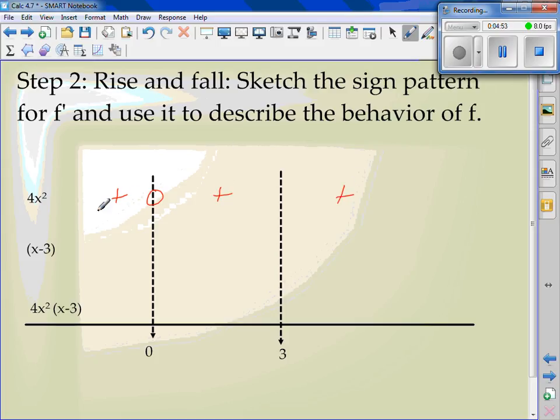Do not get in the habit of just putting positive negatives, which some of you do. Because this is squared, it's always going to be positive. For this one, 3 is my 0. If I pick a number less than 3, what type of number do I get? I get a negative. And if I pick one greater, I get a positive.